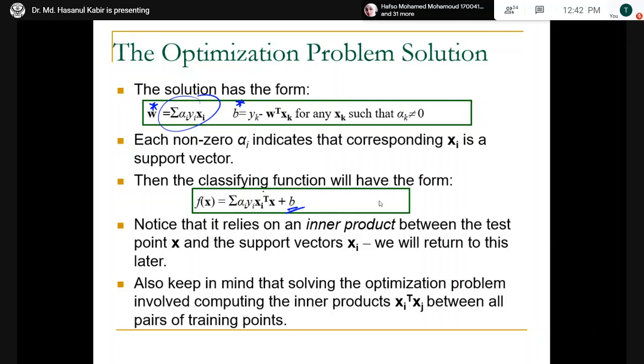So whenever we are doing a test with a sample X, we only have to consider the dot product between X and the support vector. Whenever we compute this X transpose X, we are computing the dot product between the unknown sample X and the support vectors.